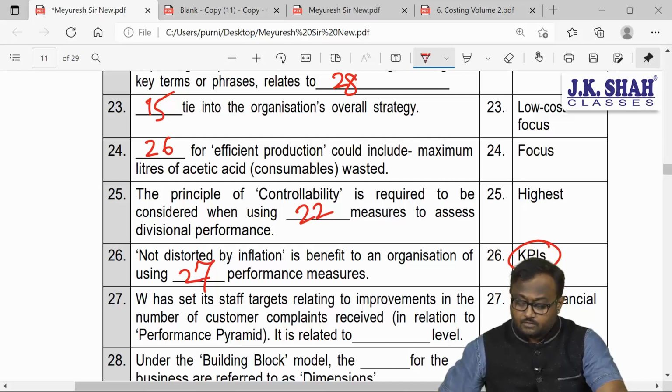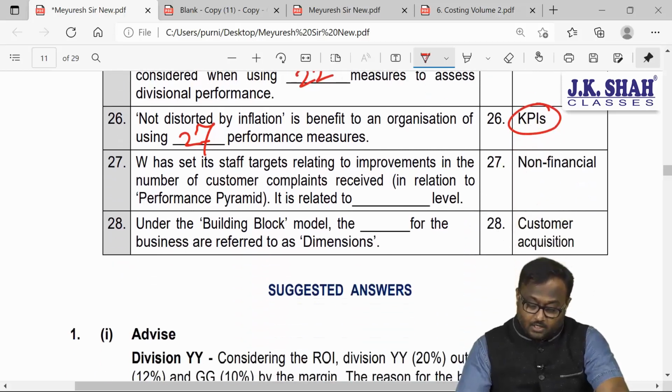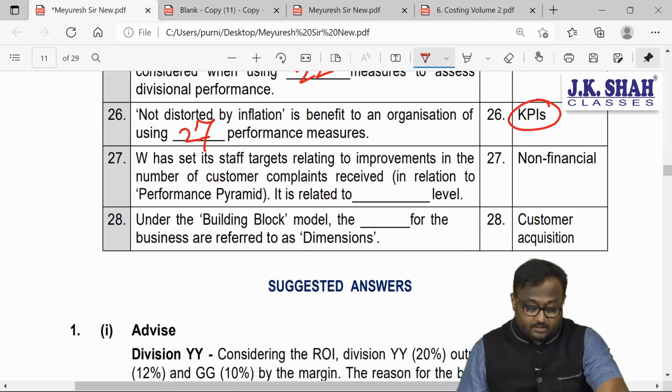If you are using financial performance, inflation will affect your performance based on financial activities. But if you are having non-financial performance, then definitely it's a benefit.